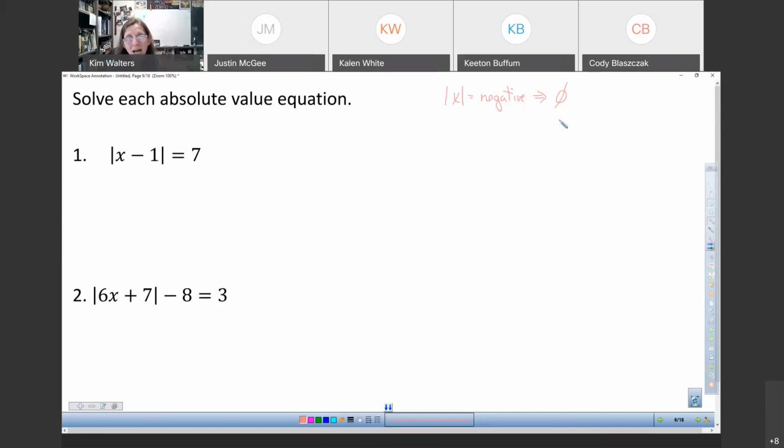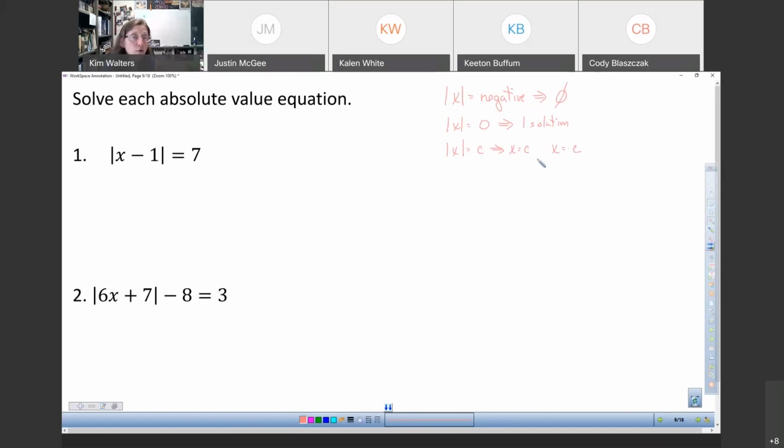So with that in mind, okay, if I have the absolute value of x is equal to 0, I'm going to get one solution. But if I have the absolute value of x is equal to a positive number, then this is going to give me two equations to solve. I'm going to solve the equation where x is equal to the number itself, or x is equal to the opposite of that number.